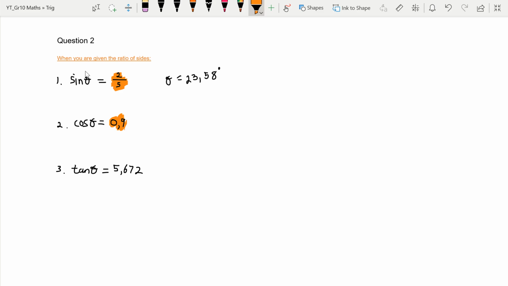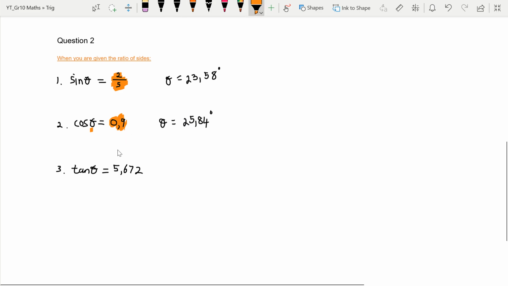If we didn't press shift and we just pressed cos 0.9, your calculator thinks that you're giving it an angle, which we're not. We're trying to find an angle. All right, so when we put that in, then it gives you the angle for this example is equal to 25.84 degrees rounded off to 2 decimal places.